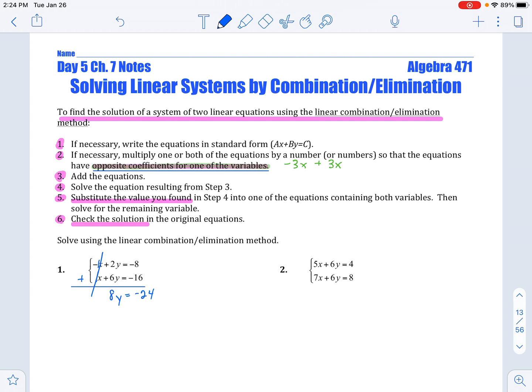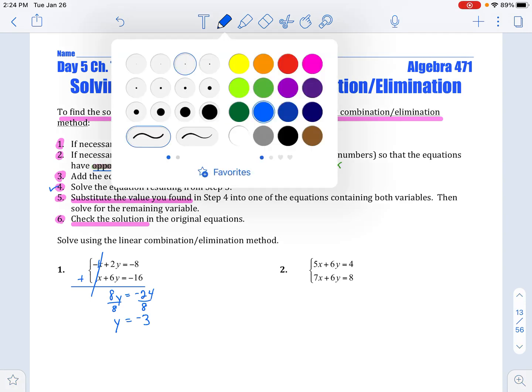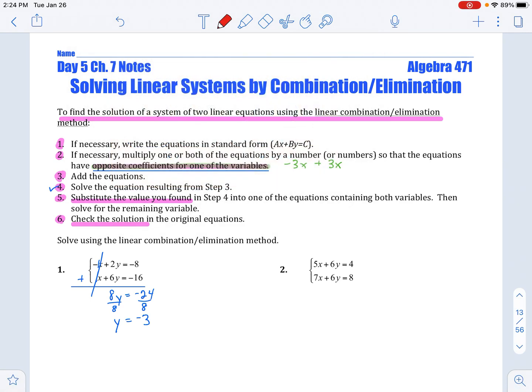I then have, down here in step 4, the ability to solve this equation just for y. So I can divide by 8 and y is equal to negative 3. Once I have what y is equal to, I move to step 5, and I get to substitute this into one of the top equations.